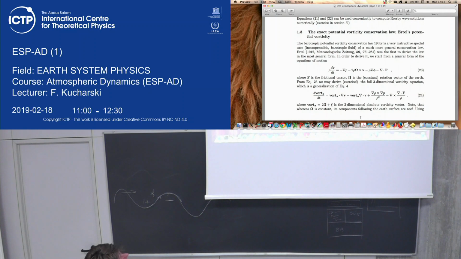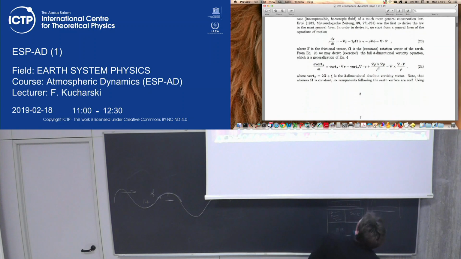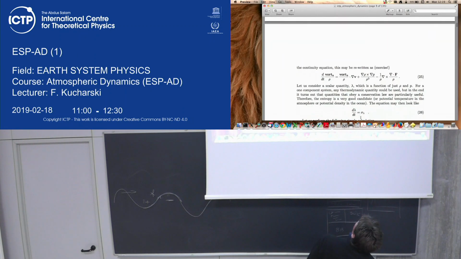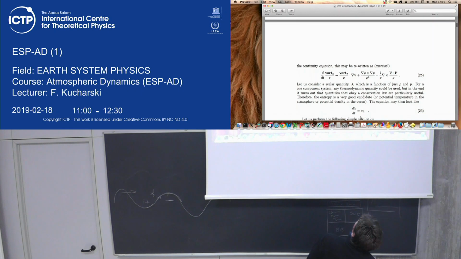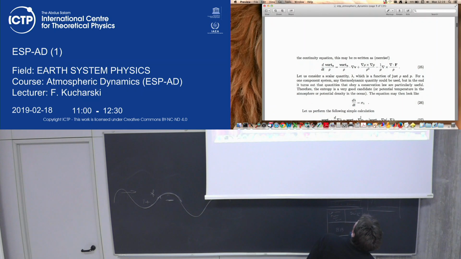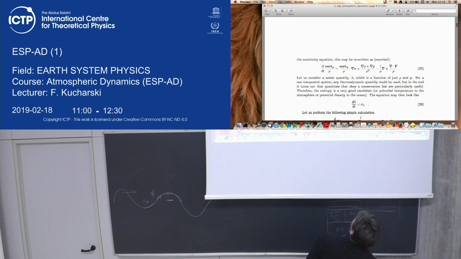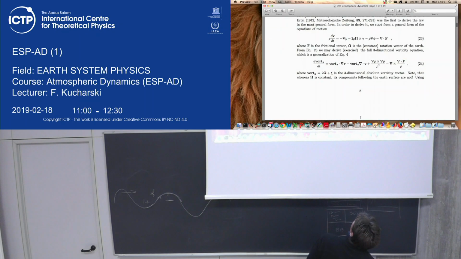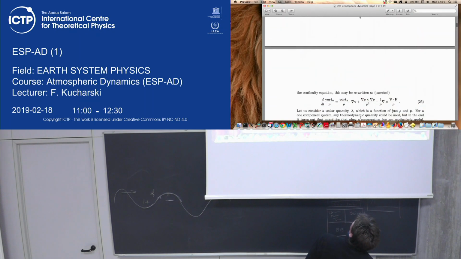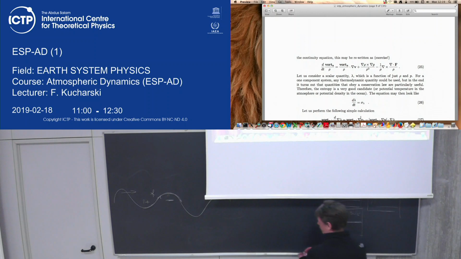So this omega in this equation here is a constant. This is just the rotation vector of the Earth, but its components on the Earth's surface are actually not constant. That makes the situation a little more complicated. Using the continuity equation, you can rewrite this vorticity equation in this form.